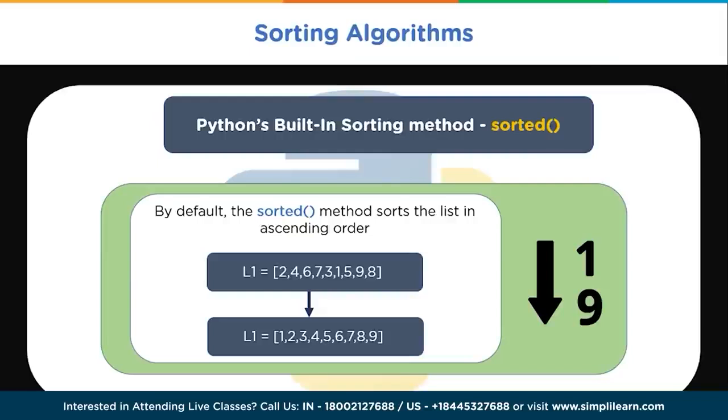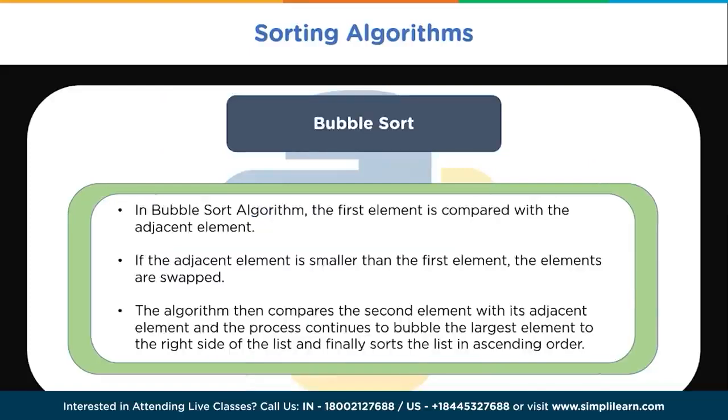So this is an inbuilt function, the sort method, but we are here to discuss custom sorting algorithms, and we will start with bubble sort. Now, what is bubble sort? In the bubble sort algorithm, the first element is compared with the adjacent element, and if the adjacent element is smaller than the first element, the elements are swapped.